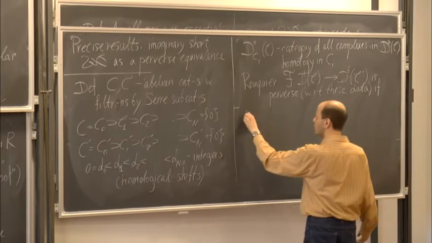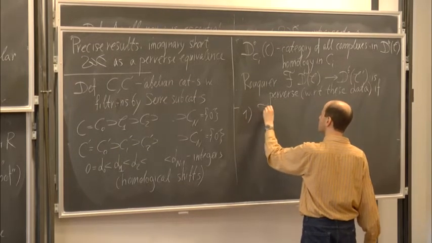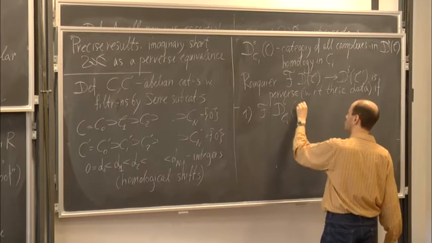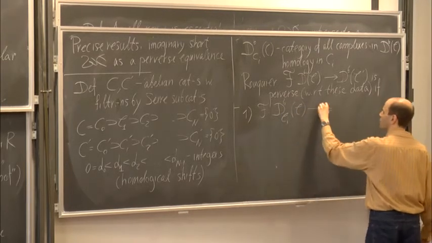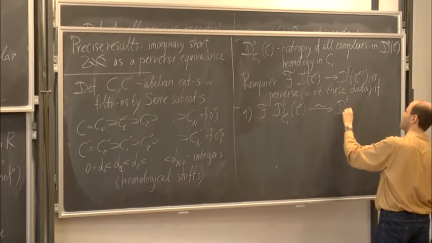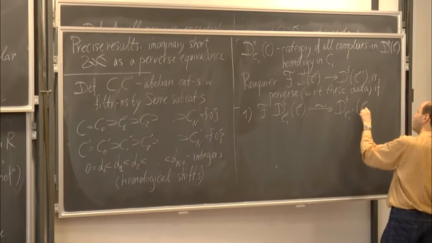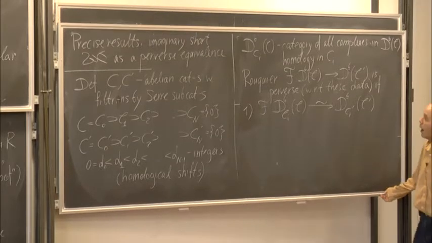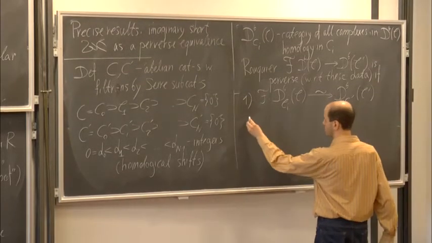First of all, F restricts to an equivalence between D^b_{C_i}(C) and D^b_{C_i'}(C'). That's the first condition. So this equivalence respects the filtration on the derived categories.